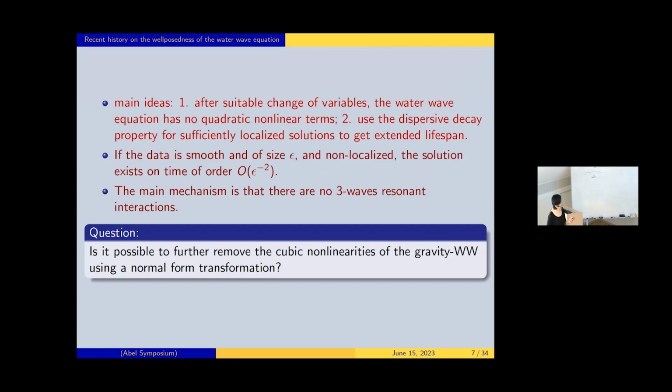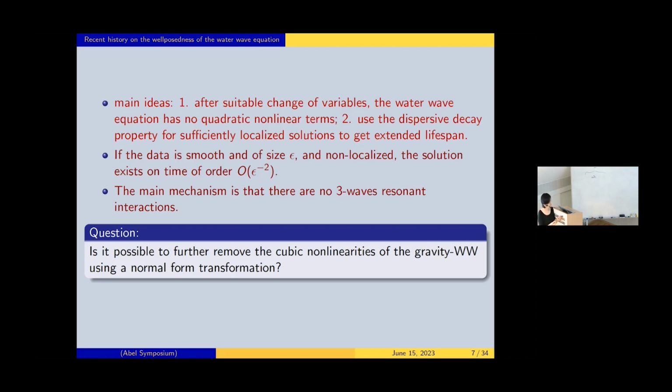So basically that says there are two main components. After a suitable change of coordinates and variables, the water wave equation has no quadratic nonlinear terms. So we know that if we have a nonlinear equation with a quadratic nonlinear term, and if you have local well-posedness, and data is of size epsilon, then you can expect to solve it for time 1 over epsilon, right?